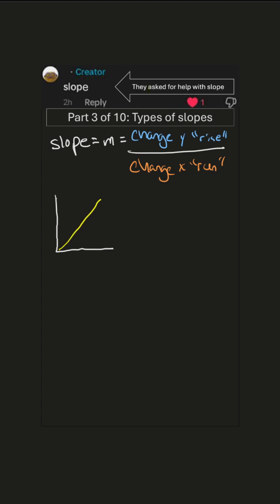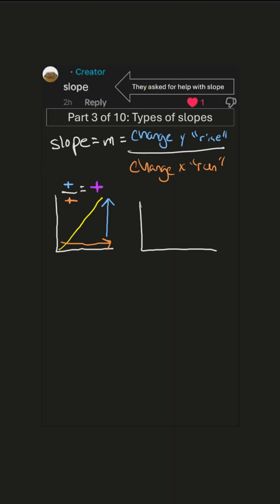Take a look at this one. Notice that as the run increases, the rise also increases. So we have positive rise over positive run, which equals positive. So that slope is positive.